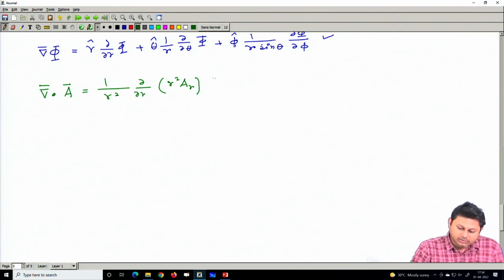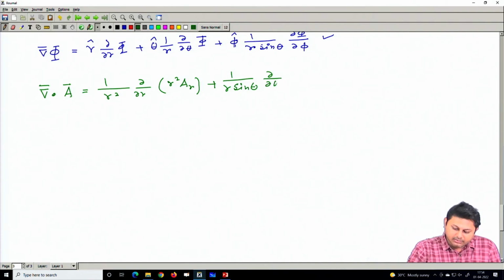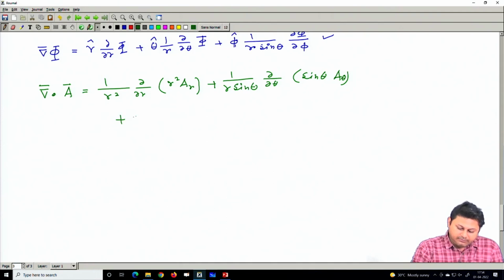Plus 1 by r sin theta, and then del theta of sin theta A_theta, and then finally 1 by r sin theta, and this is del A_phi del phi.